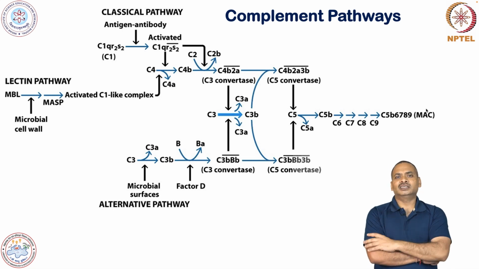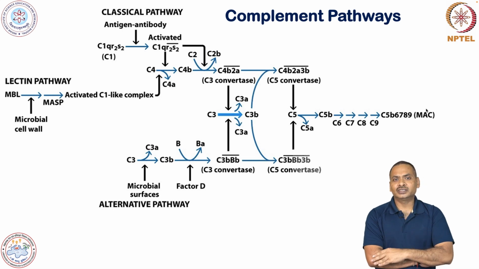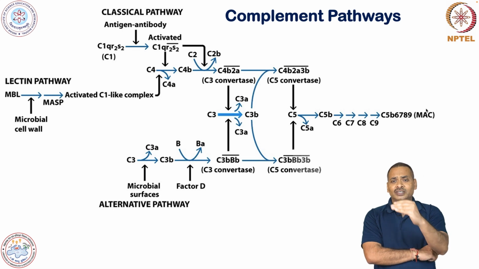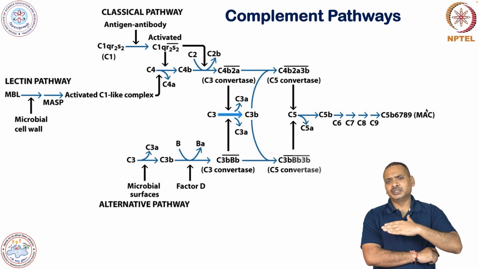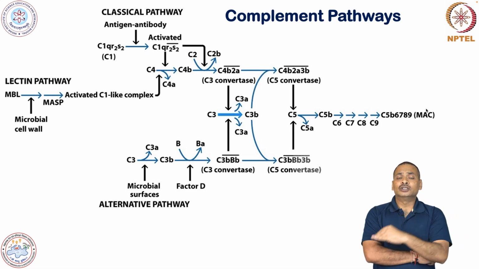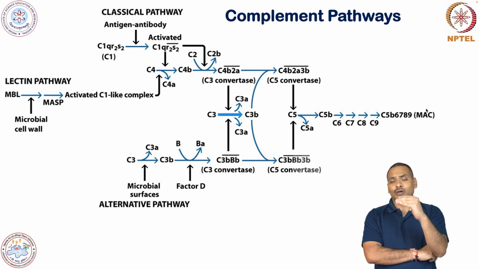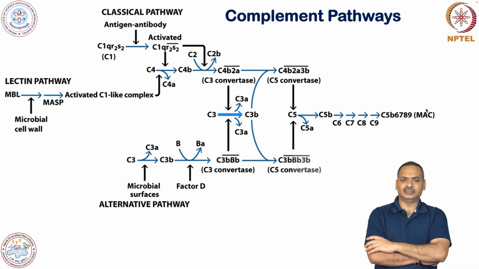Please remember that the C3 convertase in the classical pathway is different from the alternative pathway. Once the C5 convertase is generated, there will be a series of proteolytic cascades, and eventually there will be formation of the membrane attack complex, which also involves C6, C7, C8 and C9. Okay.